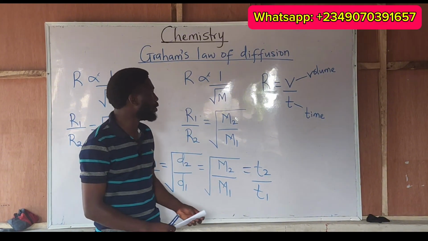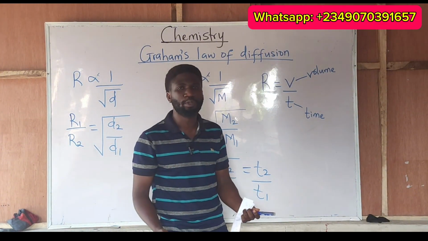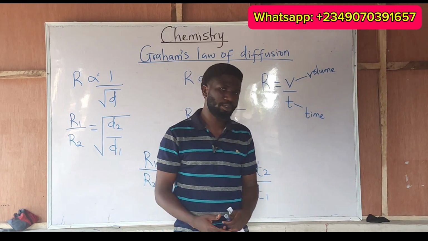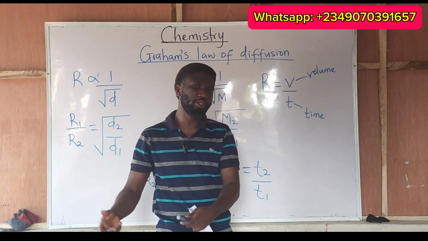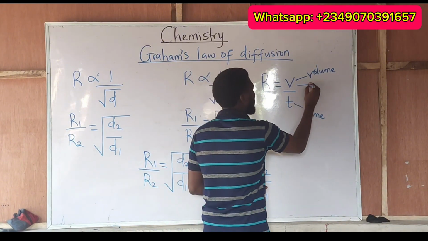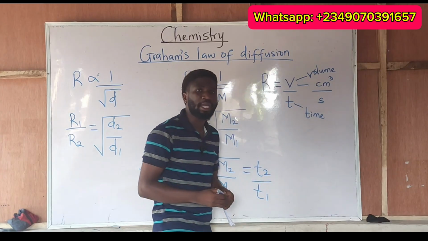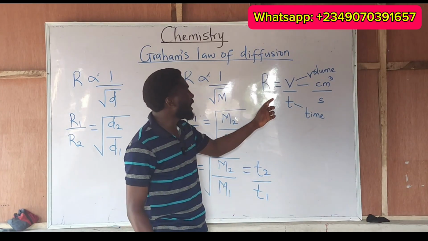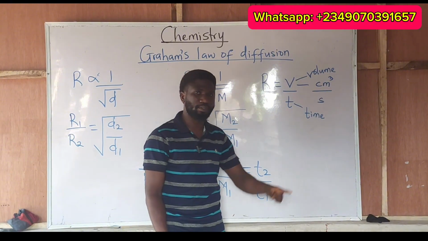By now we should know that the unit of volume could be in cm cube or dm cube. So let's say we have it in cm cube and our time is in seconds. So we can say that the SI unit of rate of diffusion is cm cube per second.